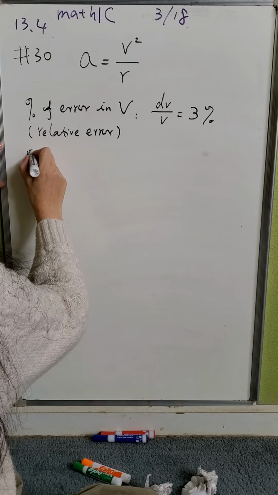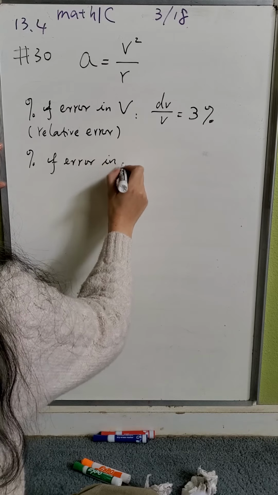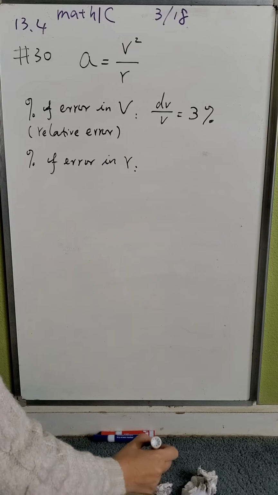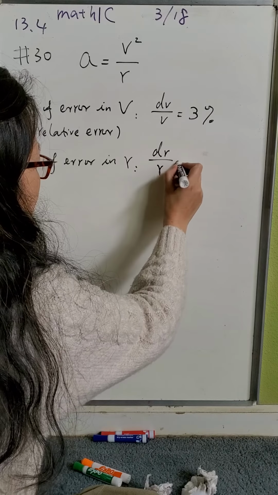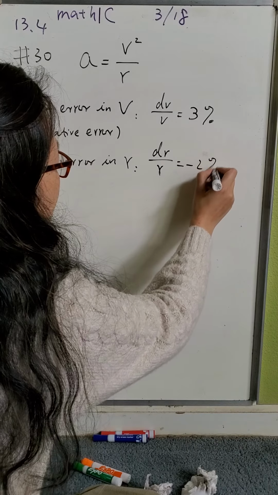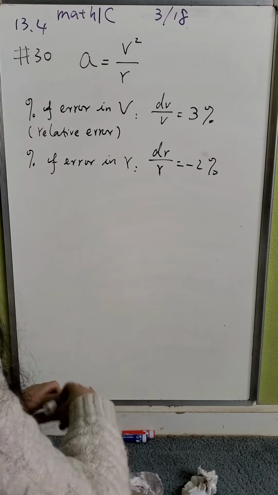And then they said the percent of error in R, they said it's dR over R is equal to negative 2%. Why is it negative here? Now be very careful.